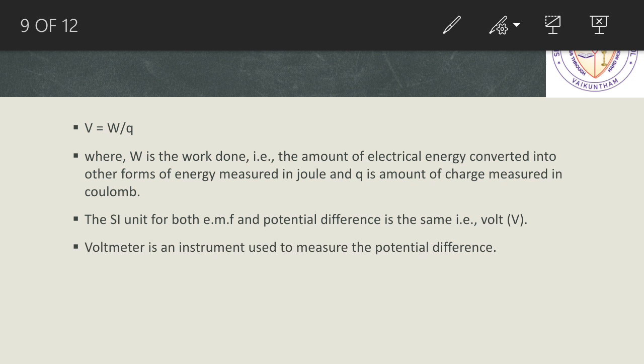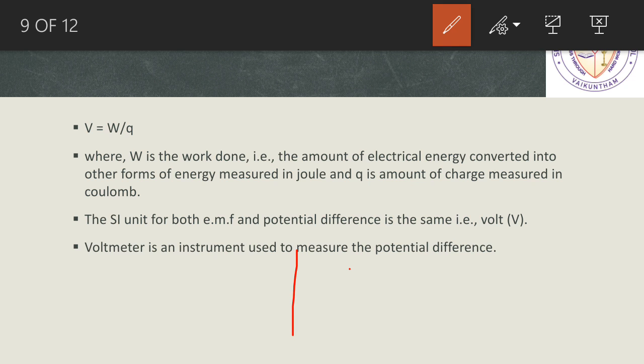That means you are taking current from the battery to produce light. The potential difference across the terminals of the battery now is called the potential difference. When you are not drawing any current, that is called EMF. For the same battery, when you draw a current, there will be a drop of potential, and that is called the potential difference.